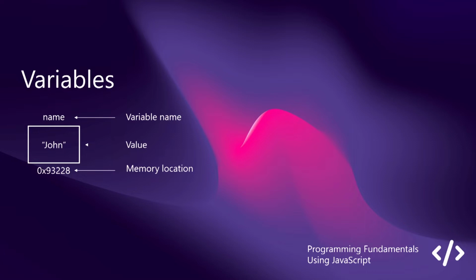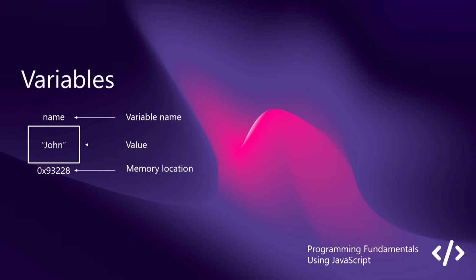That is known by the computer, by your program, but it doesn't concern you. What you need is the variable name. Now, when you provide the variable name, your program knows what address to look for and to retrieve the value. Now, whatever value you set will be put into the memory location, just like we have here, John.